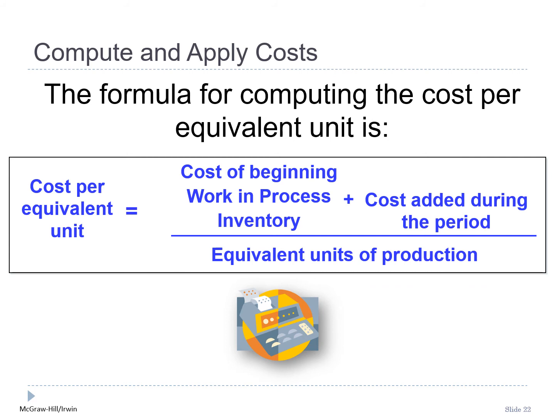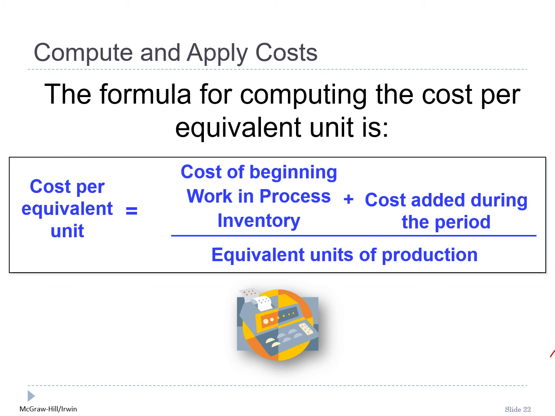So, meaning yung total dun sa step 3. Yung total cost ng direct materials and total cost ng conversion cost will be divided dun sa EUP ng direct materials and EUP ng conversion cost.